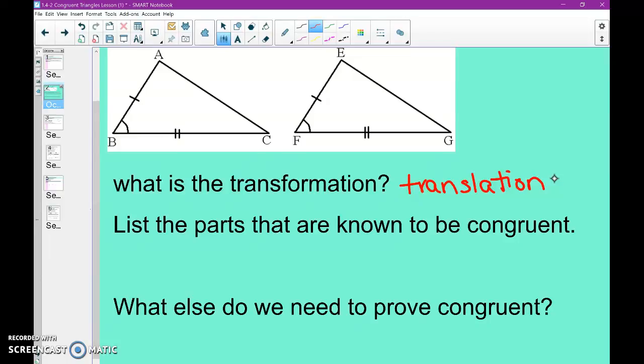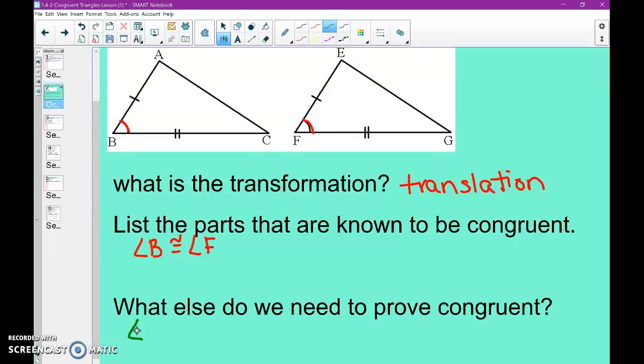So if we look, first of all, check out your angles. These little arches here mean that the angles are congruent. So far we know that angle B is congruent to angle F. Now notice, is there anything else marked in any other angle? No. So please don't put a mark in there. You don't know that they're congruent, so don't assume.